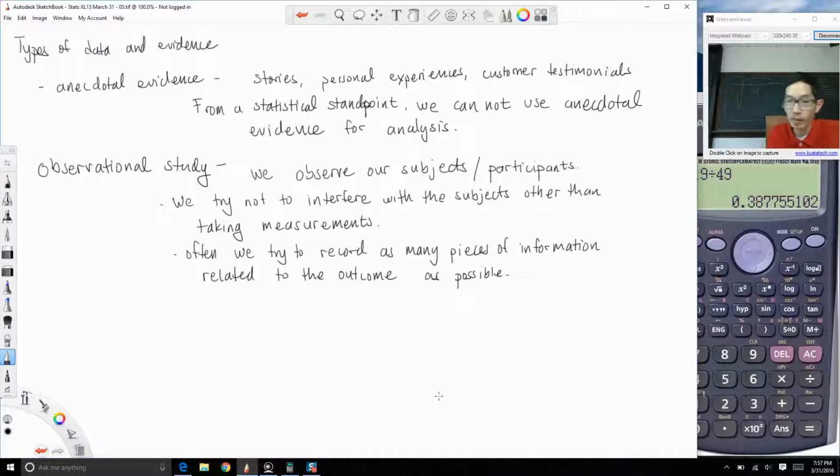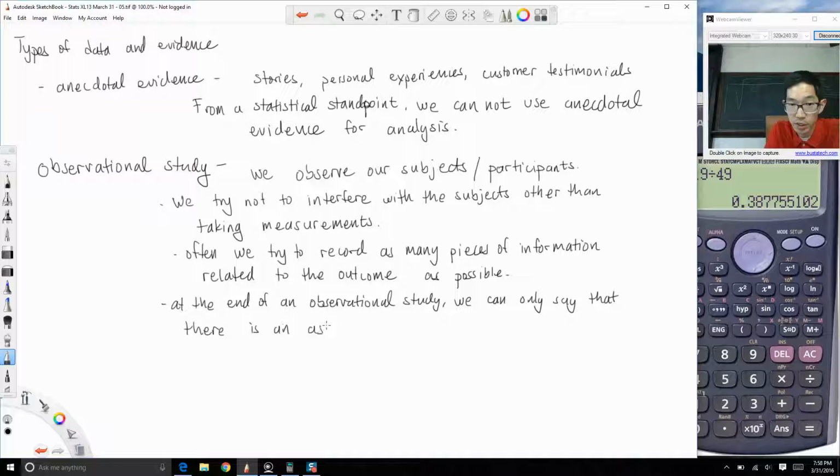At the end of an observational study, all we can say is that there is an association between the outcome and certain variables.